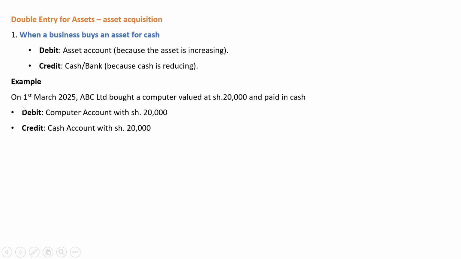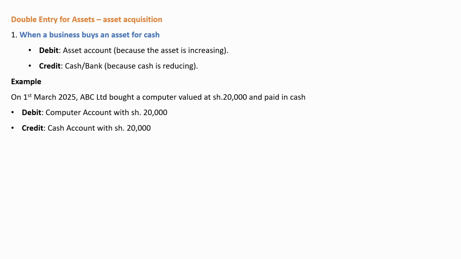So here is an example. On 1st March 2025, ABC Limited bought a computer valued at 20,000 and paid in cash. So how do you record that transaction? You start by outlining which accounts are involved, which account you will debit and which one you will credit. First, the two accounts involved in this simple transaction are computer and cash.